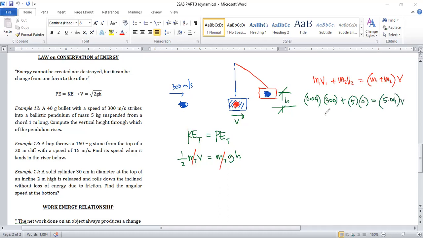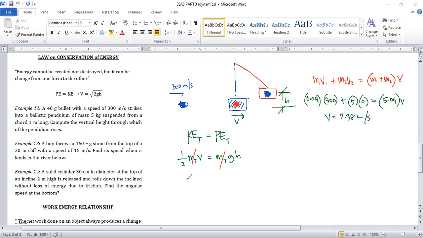So we can calculate for V, and it's 2.38 meters per second.